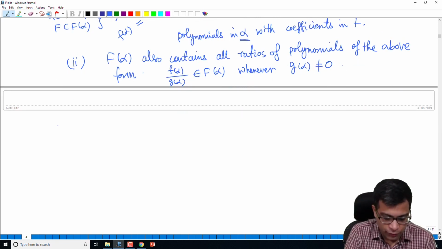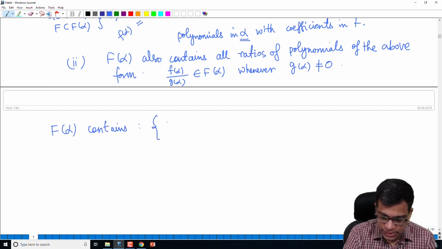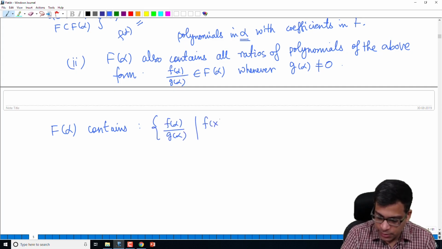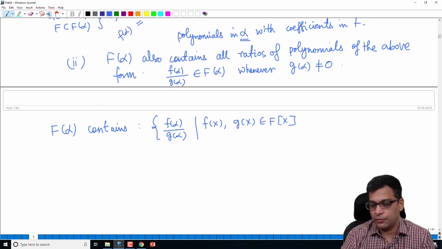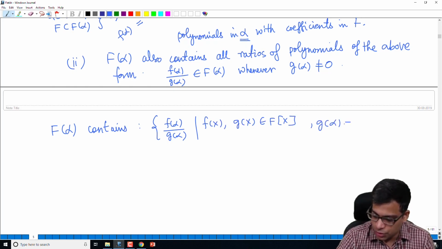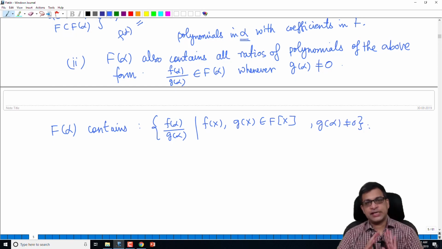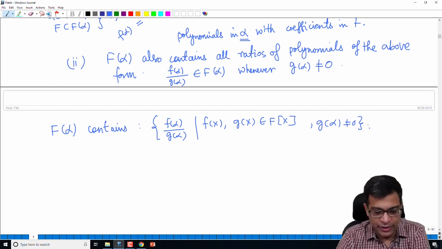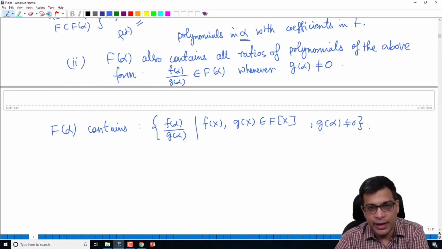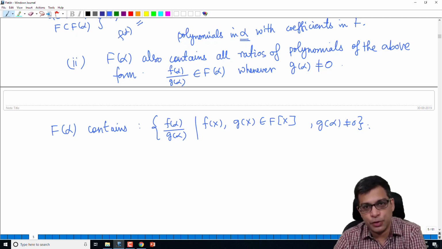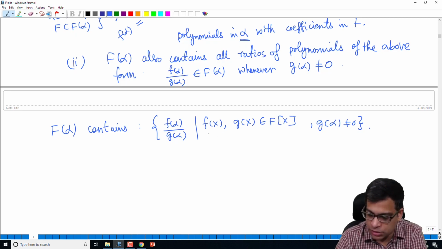So that's what we are saying, is that F(alpha) contains this set f(alpha)/g(alpha), where f(x), g(x) are polynomials in one variable over the field F, and g(alpha) is non-zero. This is forced for us because F(alpha) is supposed to contain capital F and alpha, and it is supposed to be a field. So it must contain all such ratios.